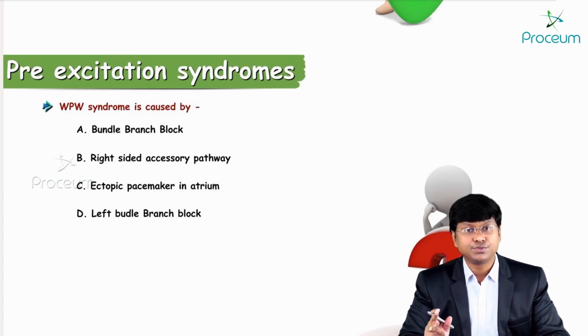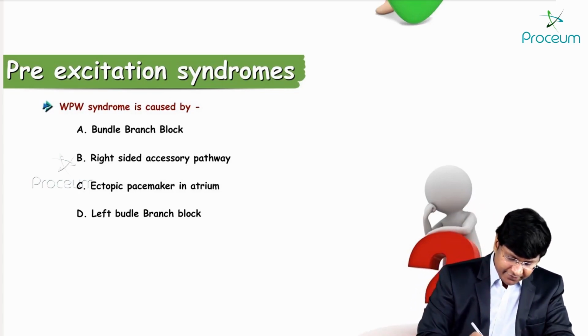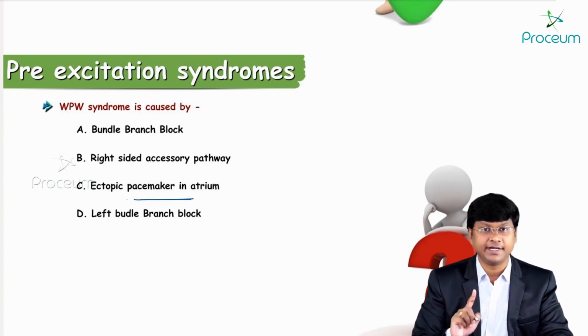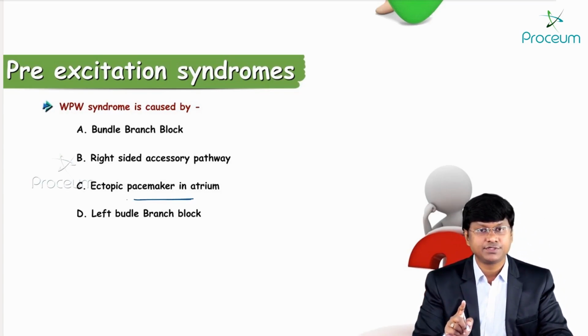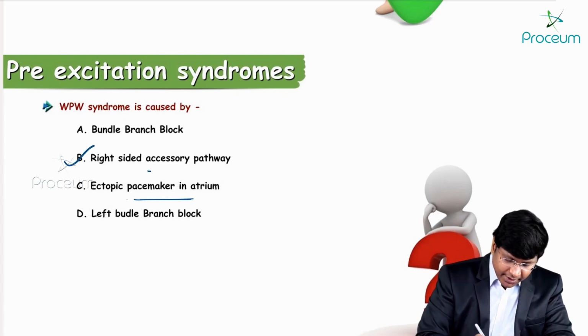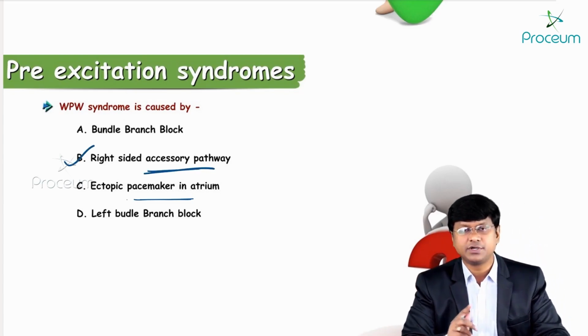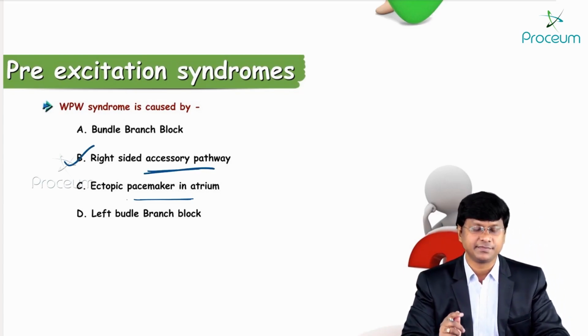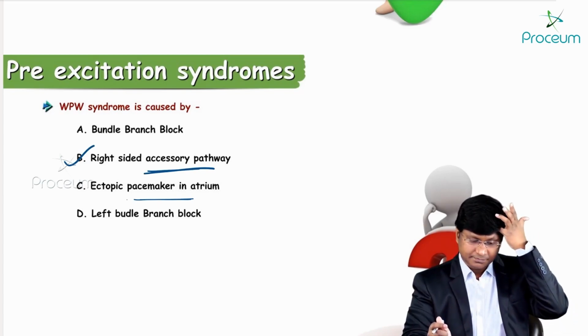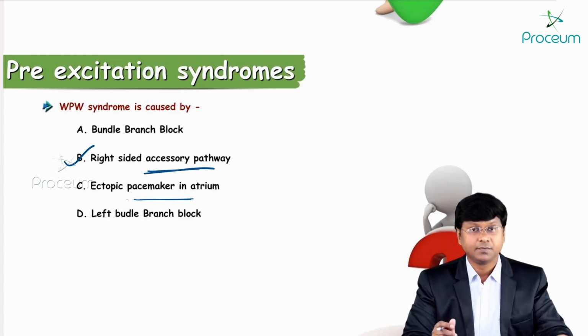Remember, you should not get confused with ectopic pacemaker in the atrium. Your WPW syndrome is due to an accessory pathway. It is not an ectopic pacemaker within the atrium. Please remember that, very important.